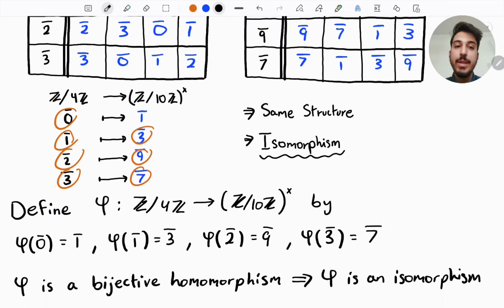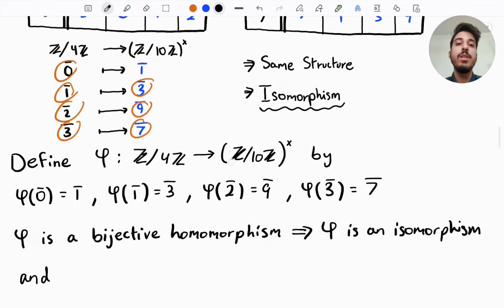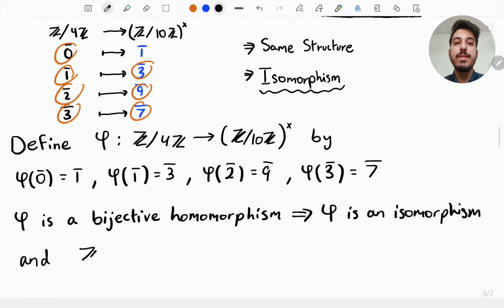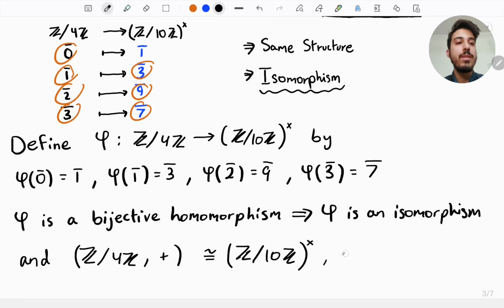We can easily prove that phi is a bijective homomorphism, therefore it is an isomorphism. Therefore, the group Z4Z with addition is isomorphic to Z10Z star with multiplication.